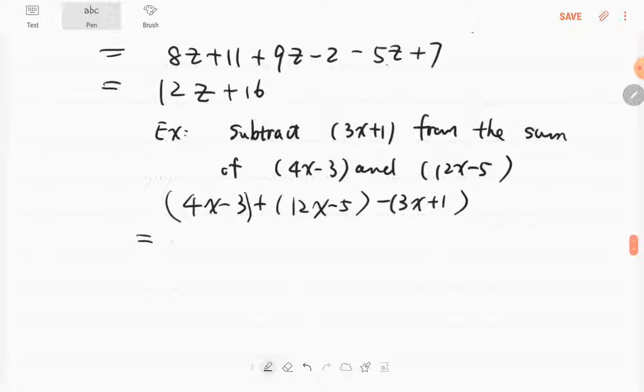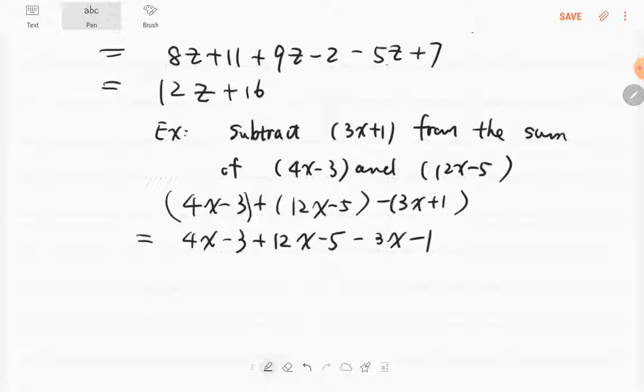So first step, we could just remove the parentheses. So we could directly write this one if you're already very familiar with that, just like a plus the opposite.